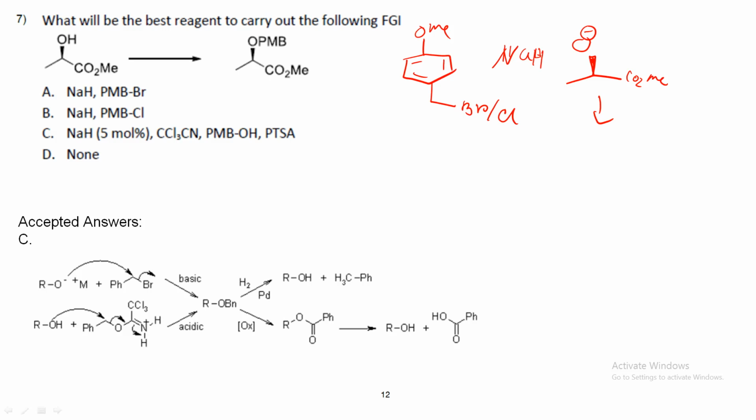Bromide version, chloride version, anything you can use to do the PMB protection, well known chemistry. So for PMB protection, this particular reaction condition is generally used.